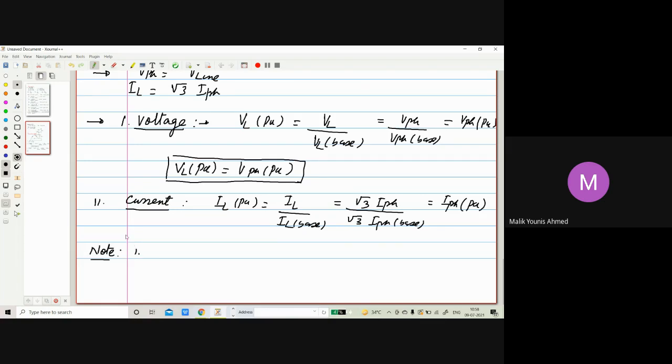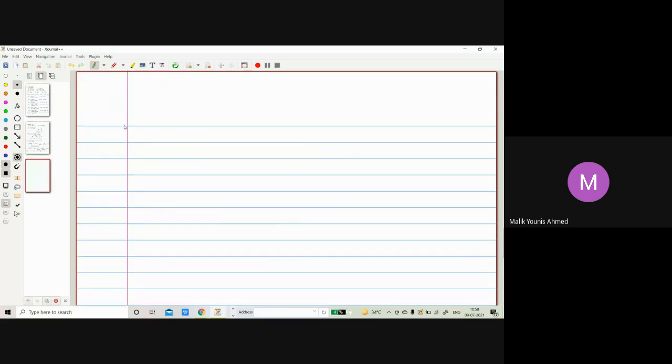Note number 1: line current and line voltages are the same as phase current and phase voltages in per unit representation.